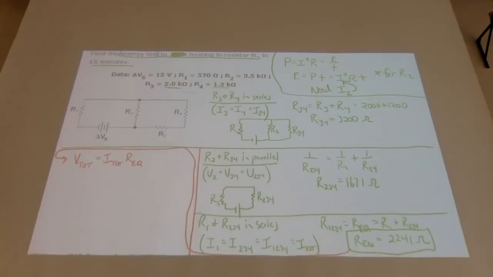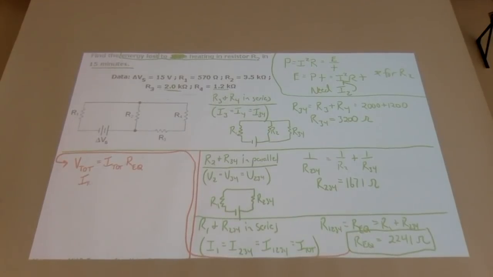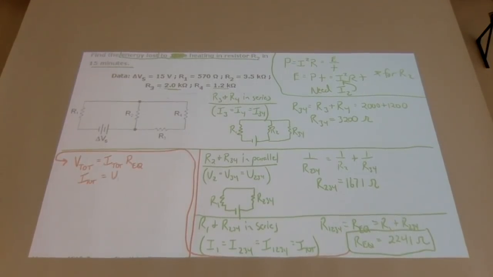And I can solve that for the total current, which is going to be V total over REQ. And they told us V total is up here at the top. They use slightly different terminology, so let me rewrite that. It is 15, and REQ we just found to be 2241. Divide those, and what do you get?